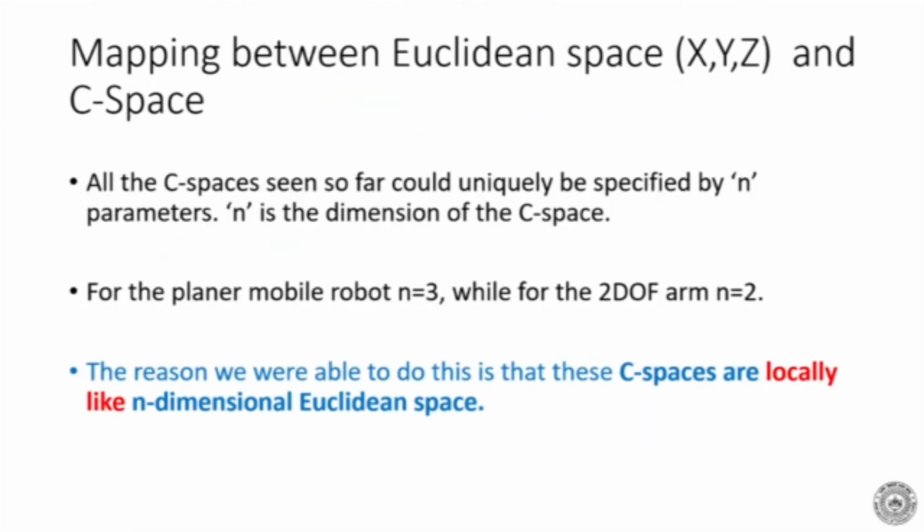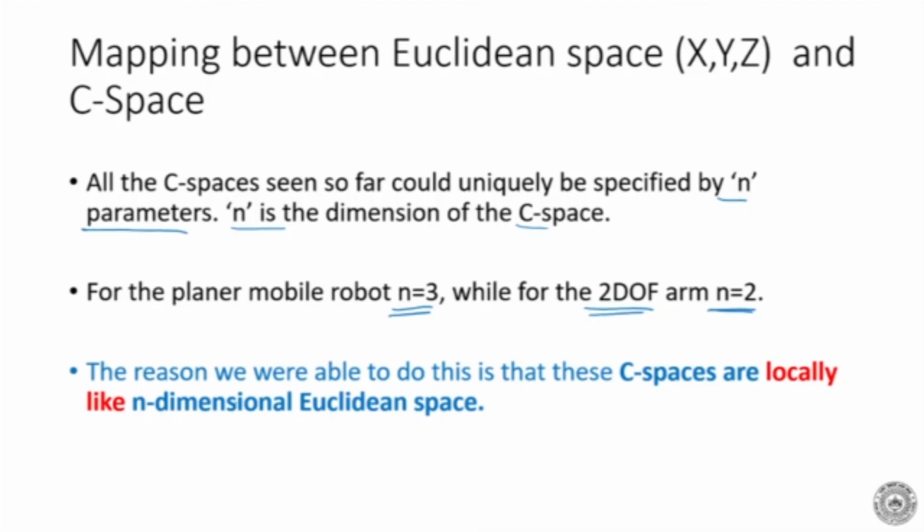Now, mapping between Euclidean space and C space: all the C spaces seen so far could uniquely be specified by n parameters, where n is the dimension of the C space. For the planar mobile robot, n is equal to 3, the dimension of the configuration space, while for a 2 degree of freedom arm, n is equal to 2. That we have seen.